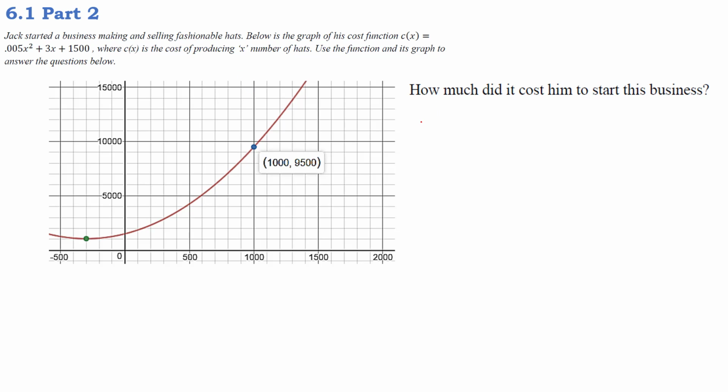Well, if you plug in a 0 for all of these x values, 0 squared is 0, 3 times 0 is 0, plus 1,500. Well, you're simply going to say that you have 0 plus 0 plus 1,500. In other words, it costs 1,500 bucks to start up the business. So $1,500 to start up the business.